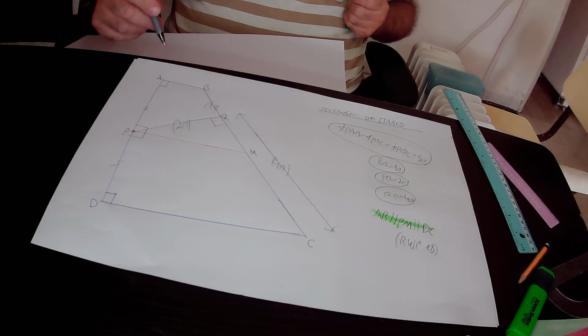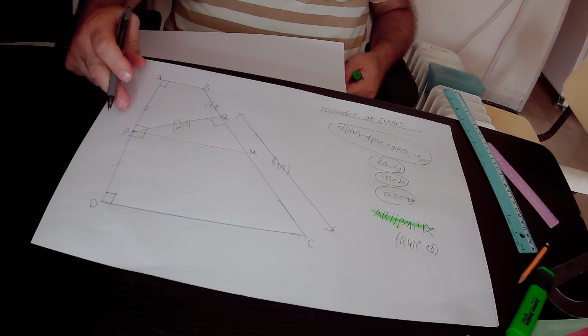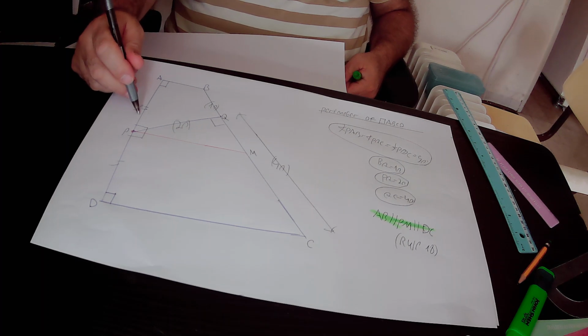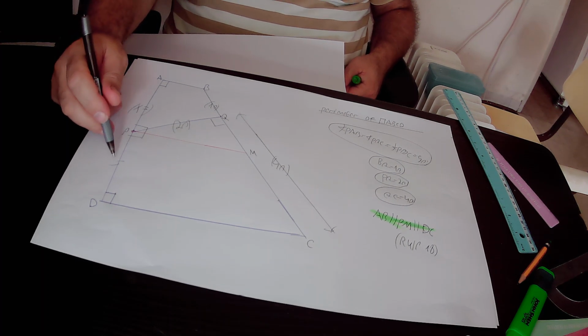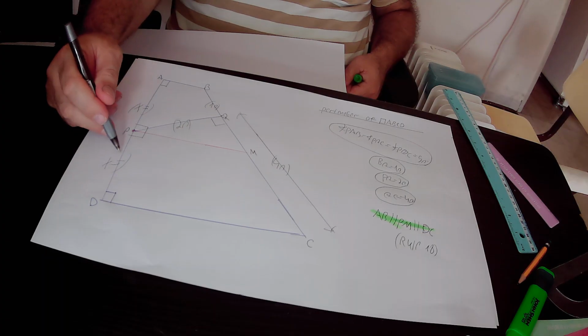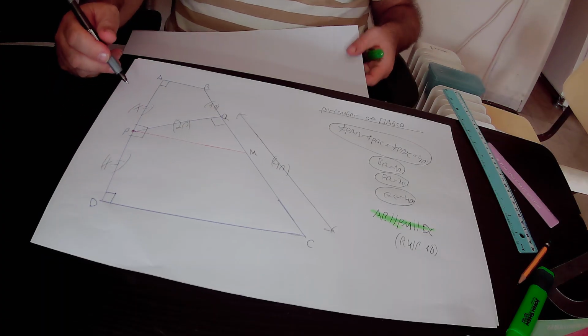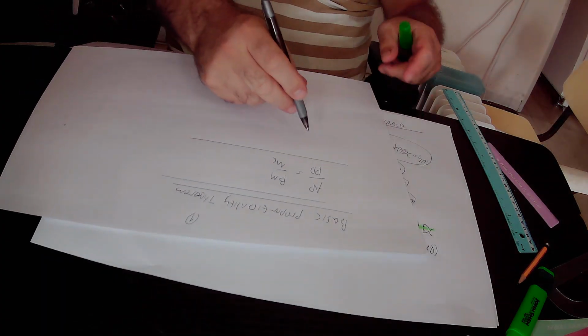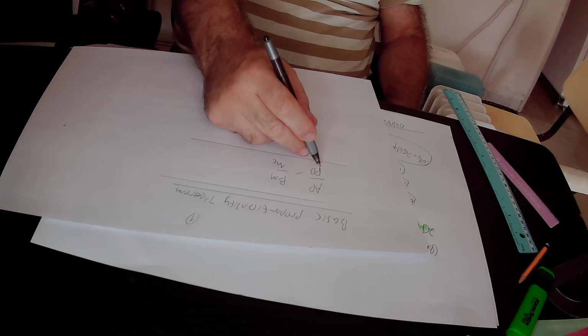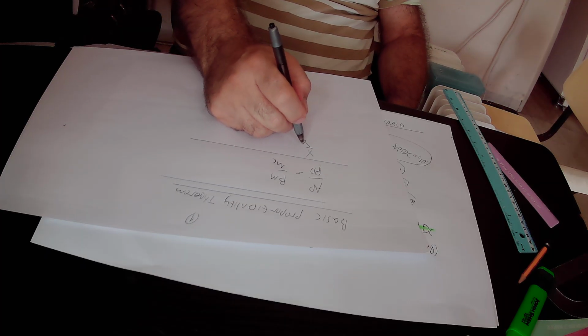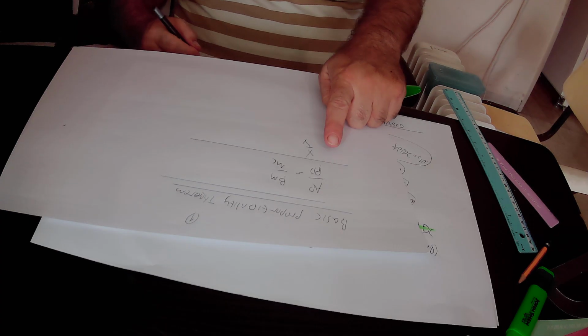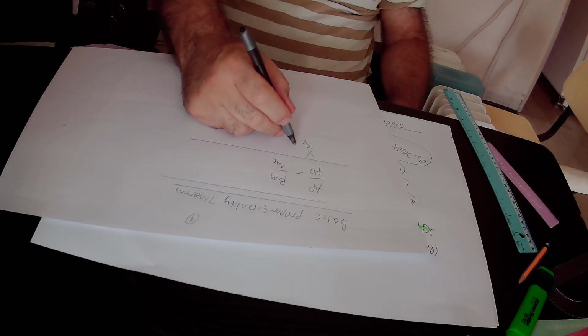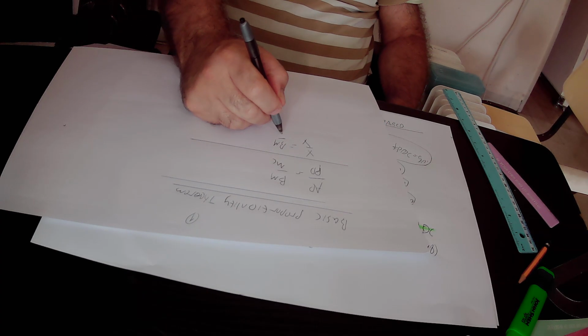So if we define the length of line segment AP as X, then the length of line segment PD must also be equal to X, because they are equal to each other according to what is given in the question. So we substitute AP by X, and PD is also X. On this side of the equation we have X over X equals BM over MC.